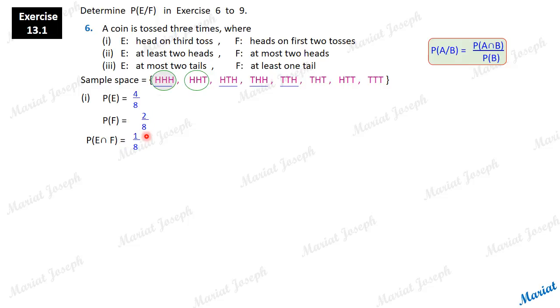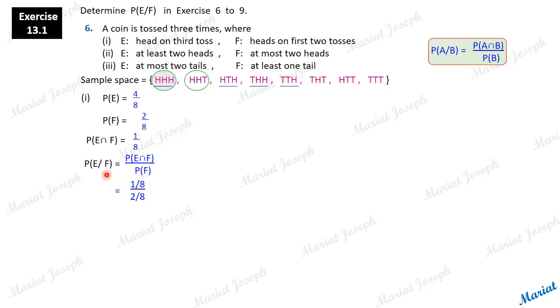Now, what is the conditional probability of E given F? That has a formula. Conditional probability of E given F is probability of E intersection F upon probability of F. Now we have all of them. Let's put the values. That gives me 1 by 8 upon 2 by 8.